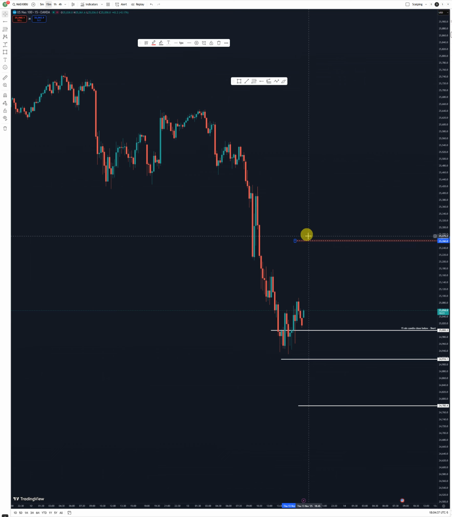Now, I like it for it to break, retest, and get a confirmation candle before going up. But this is the price that I would definitely look at for this turnaround. Until then, every rally is a short for NASDAQ as we see it now.